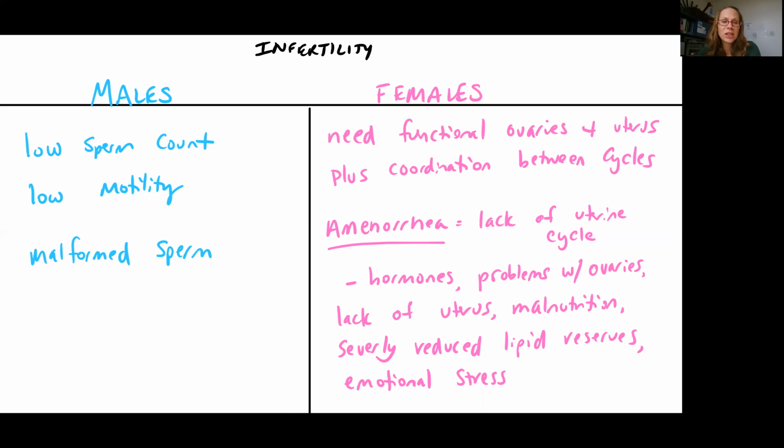It might be because she is starving herself because of an eating disorder such as anorexia, but it could also be caused by a super extreme athlete, a marathon runner, who's not maintaining enough lipid reserves in her body to continue having her menstrual cycle.